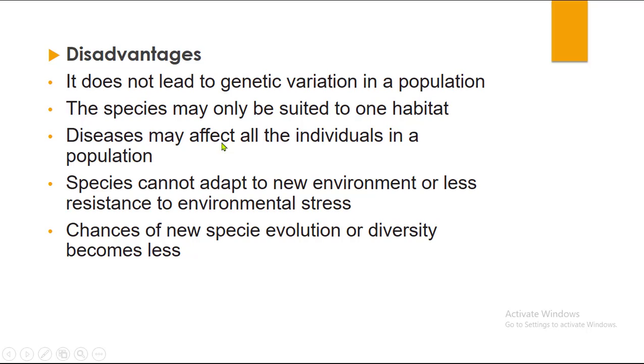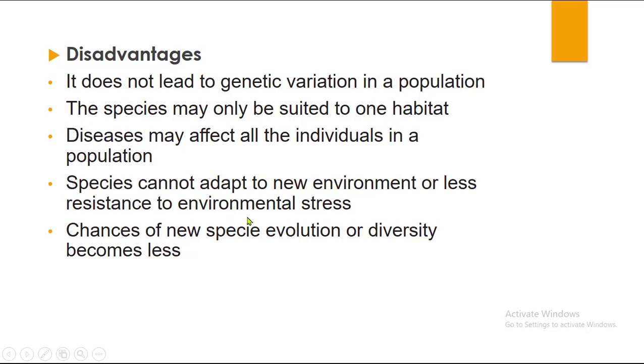Diseases may affect all the individuals in a population. For example, a particular species-specific disease is going to affect all the individuals because they have the same genetic material. So this is another disadvantage.